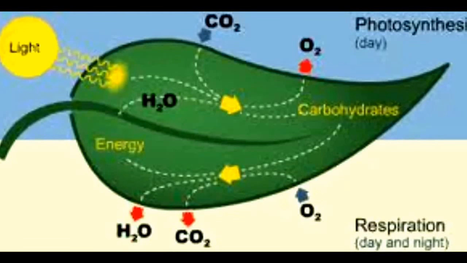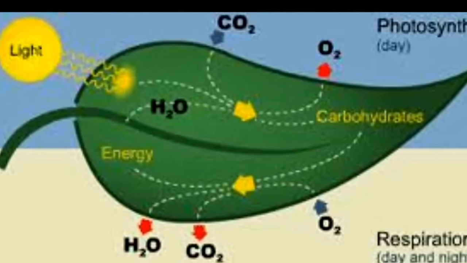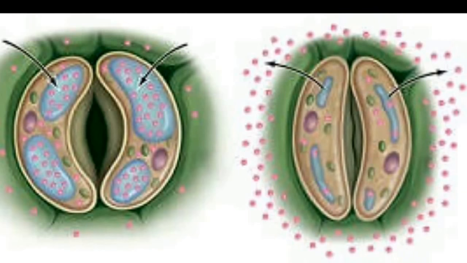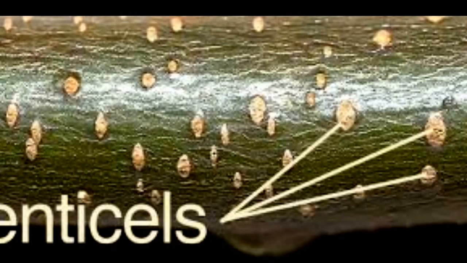The lower epidermis possesses a number of stomata through which exchange of gases takes place. Stomata is a part of epidermal tissue which is guarded by two kidney shaped guard cells. So when it opens, generally during daytime, exchange of gases takes place.